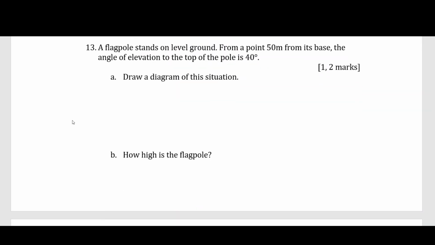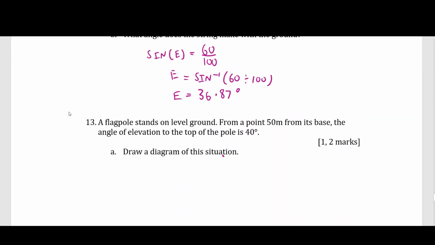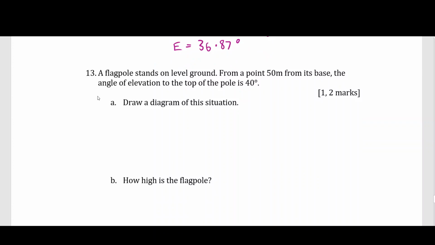Number 13, a flagpole stands on level ground. From a point 50 meters from its base, the angle of elevation to the top of the pole is 40 degrees. Draw a diagram of the situation. So here's our flagpole.